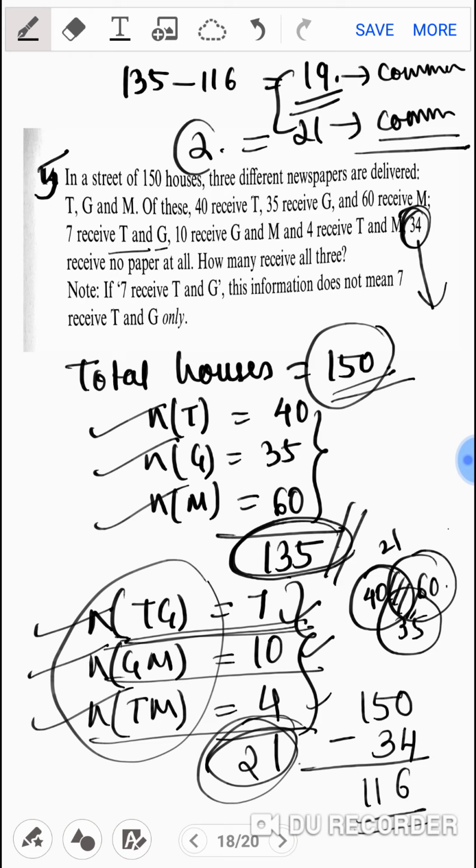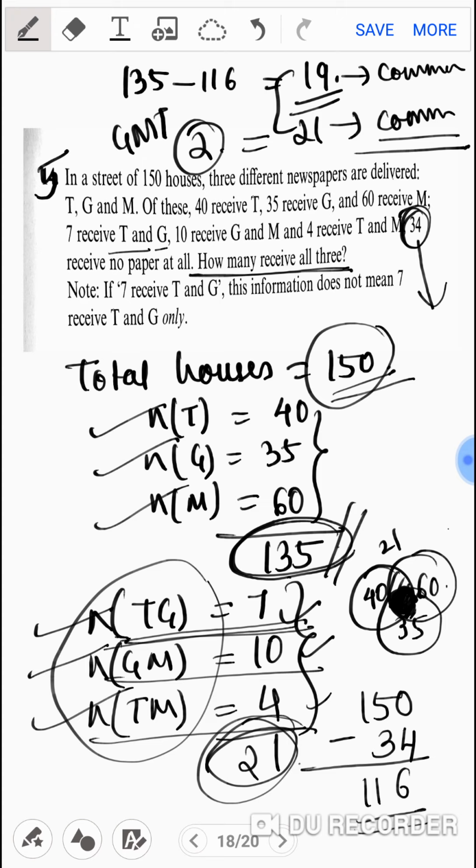So there are 2 houses which are receiving G, M, T, all the newspapers. That means this is the intersection point. Are you getting my point? Where all three intersect and all three are common. That is what we have to find. How many received all 3 newspapers? So 2 houses received all 3 newspapers.